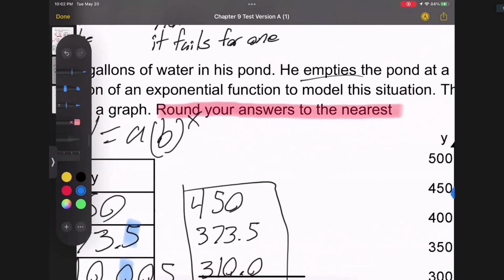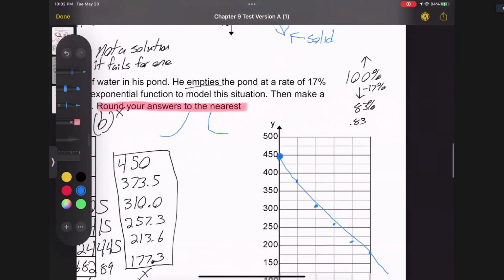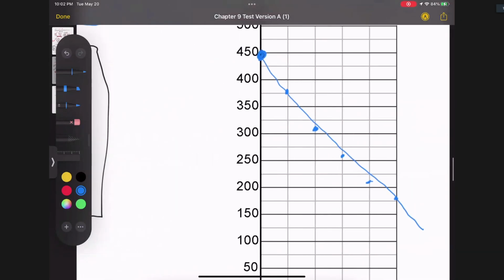All exponential functions will look either going up like this or going down like this. Now, it is not a straight line. If you drew a straight line, that is a linear function. That is not the same as an exponential function. And on the rubric, if I see a line showing up, that is an automatic 50%. So, linear functions, a line is not the same as a curve. They're completely different types of functions.